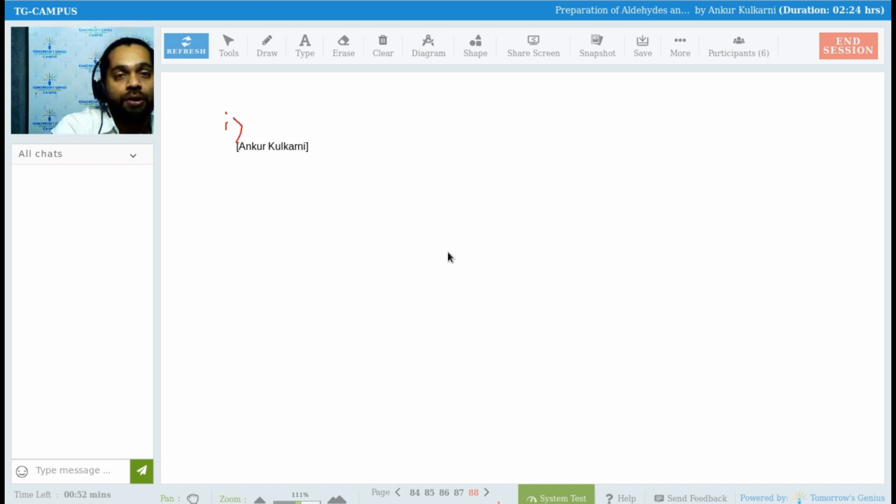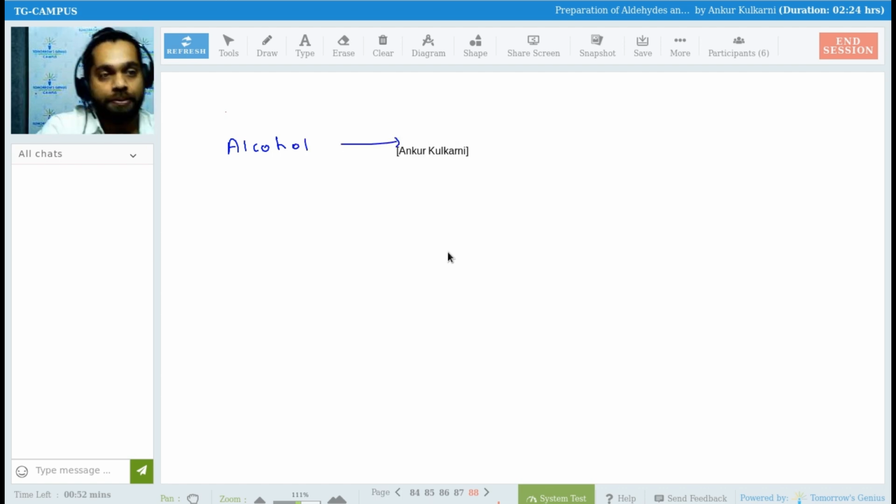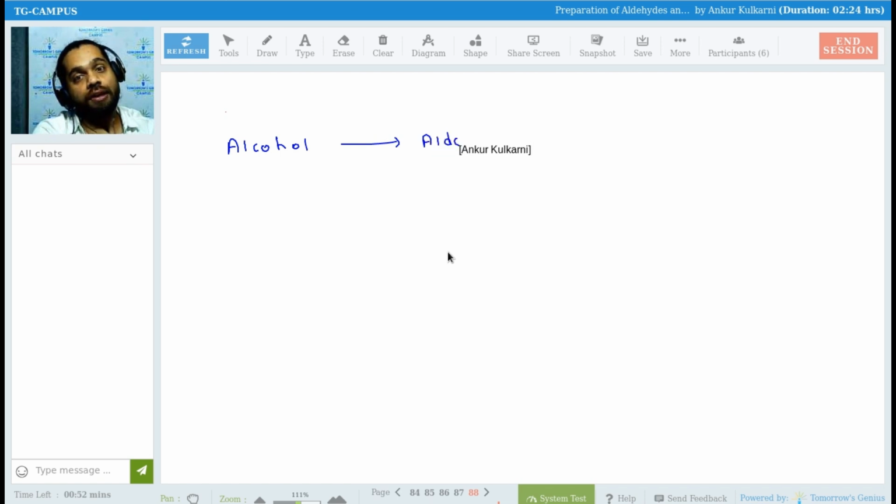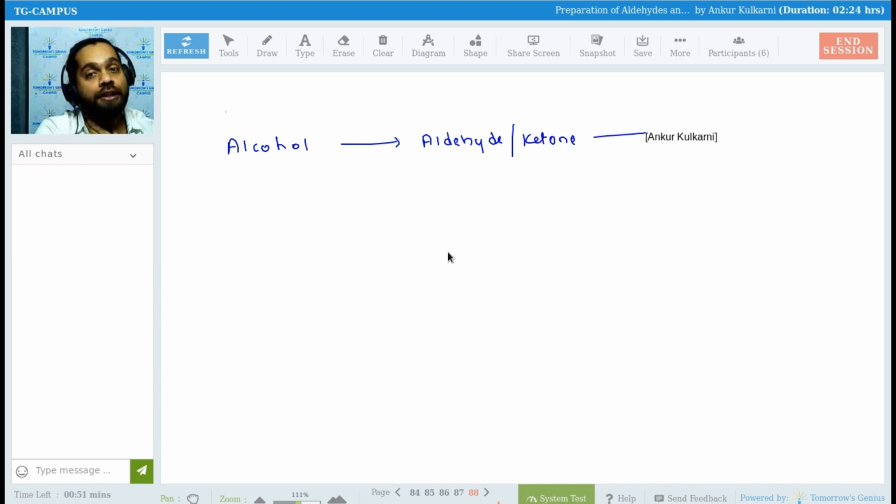If I oxidize the alcohol, I'll get aldehyde or ketone depending on what type of alcohol I have, correct? And if I further oxidize that, I'll get a carboxylic acid.